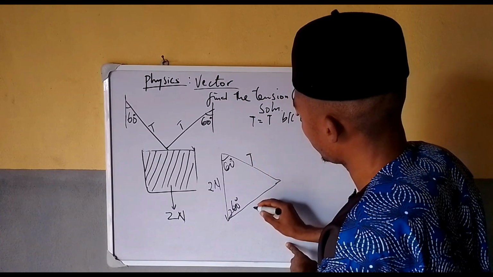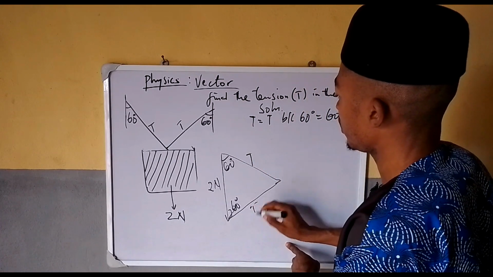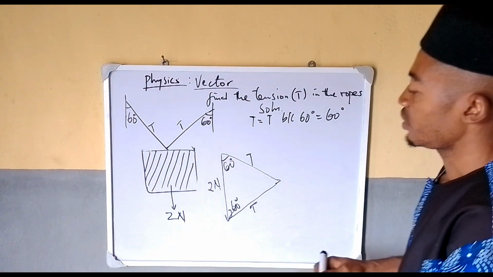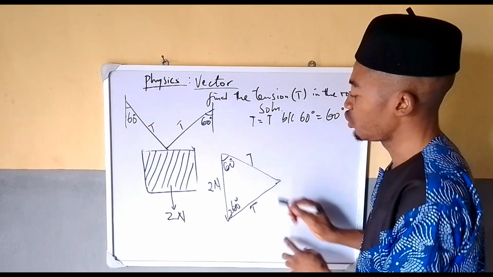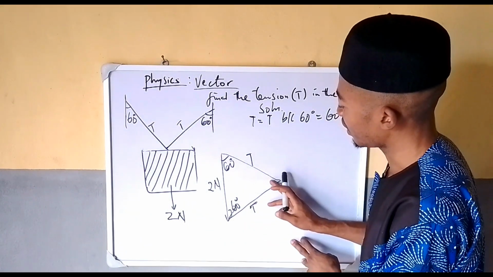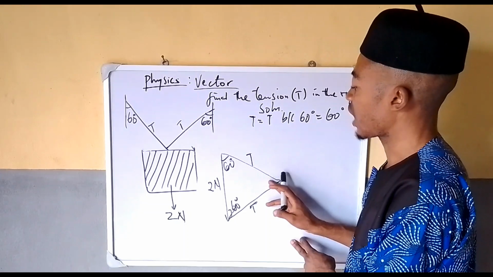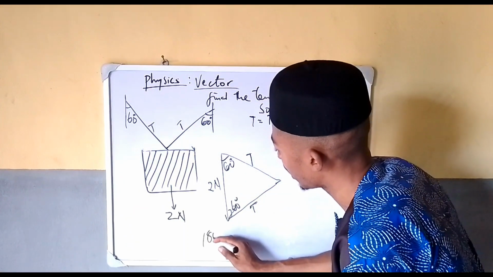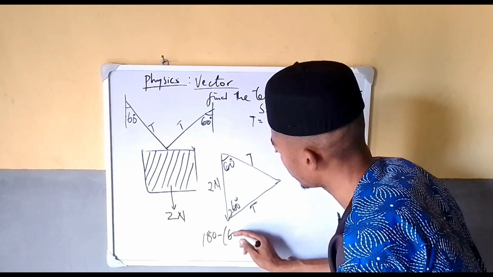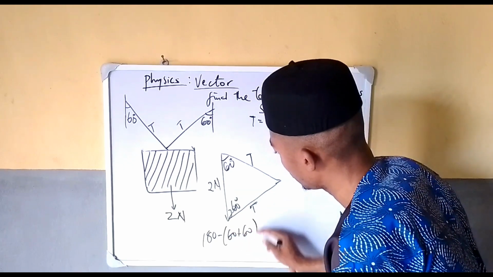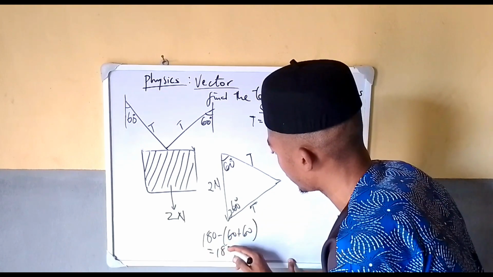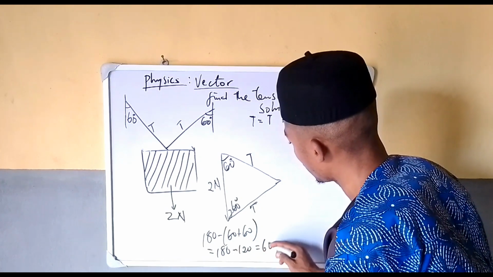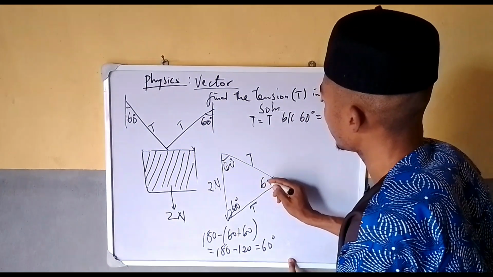This is my T, this is the second T. Then it is a burden on you to find the third angle in that triangle. So the angle in that triangle is going to be 180 minus 60 plus 60, which is equals to 180 minus 120, which is equals to 60. So the third angle here is 60 degrees.